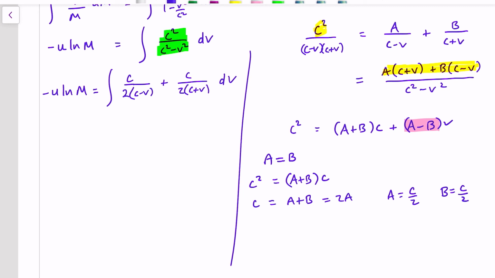Well, the integral now has linear functions in the denominator of both fractions, therefore we can anti-differentiate it using logs. Minus u ln m equals c over 2. Be careful with this one, it's ln of c minus v divided by minus 1, so we need a minus. And then this one's ln of c plus v, and I'm not using absolute values again because c is the speed of light and c is bigger than v.